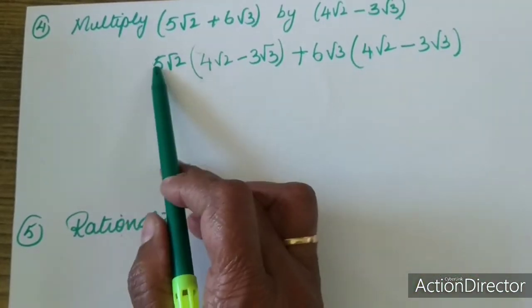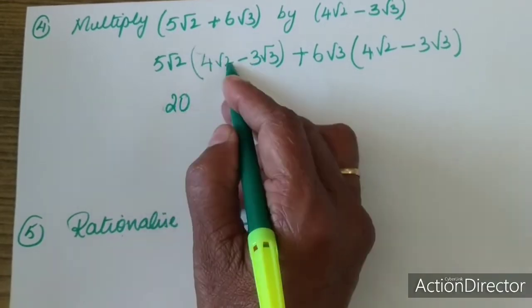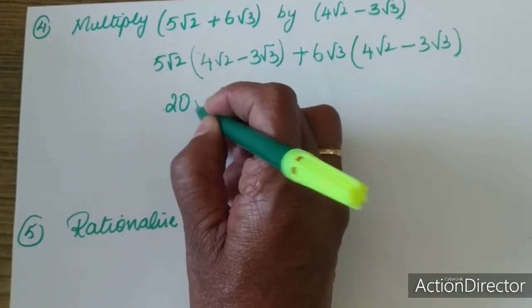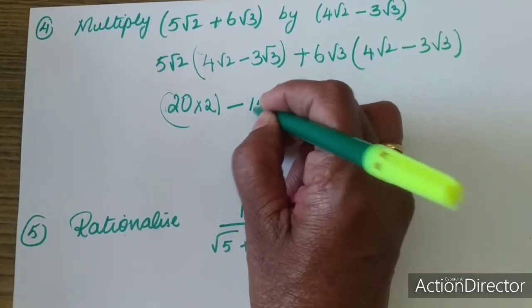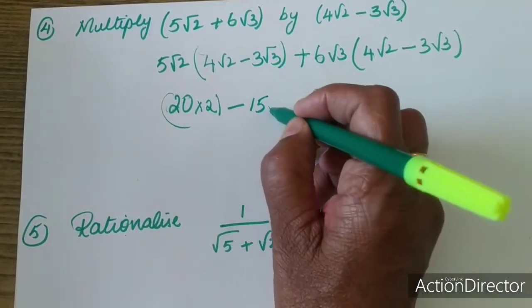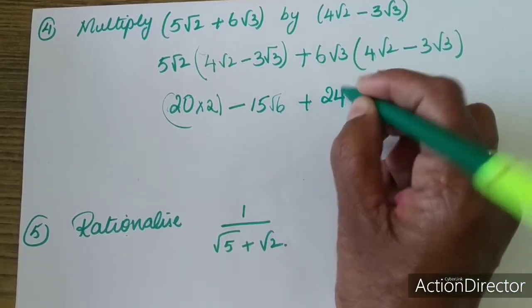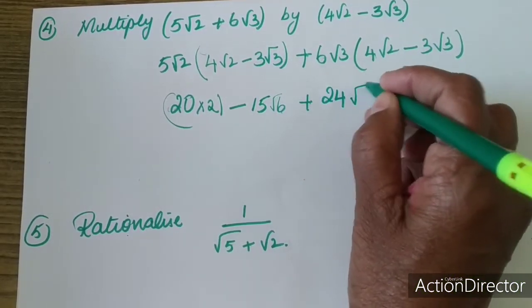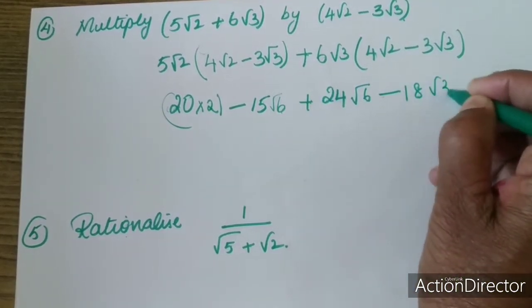So now you multiply: 5 4s are 20, root 2 into root 2 is 2, so 20 into 2, minus 5 3s are 15, root 2 into root 3 is root 6, plus 6 4s are 24, again root 3 into root 2 is root 6, minus 6 3s are 18 root 3.